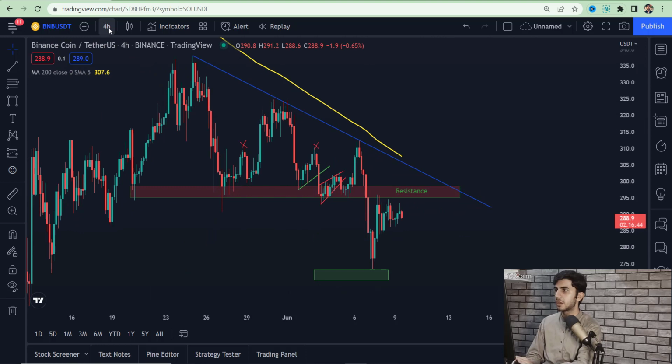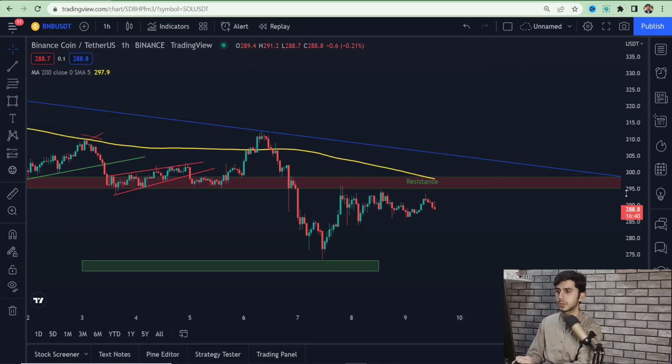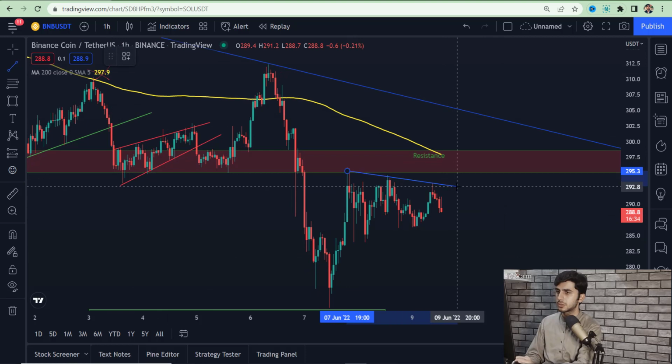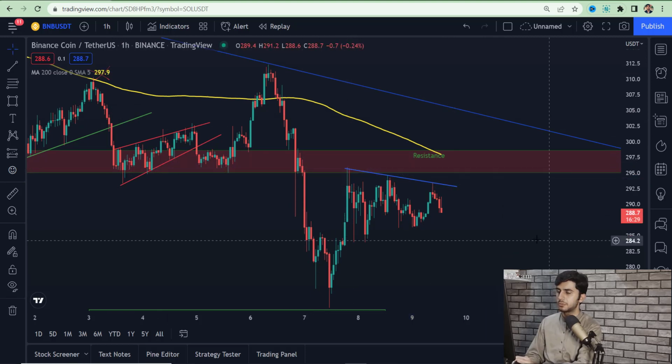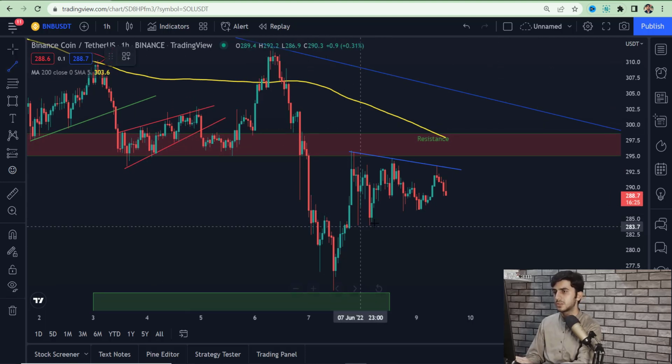And right now I see something in BNB as well. I just don't want to force my analysis. I just want to give you the right information. There you go. You have this. This is a bull flag.